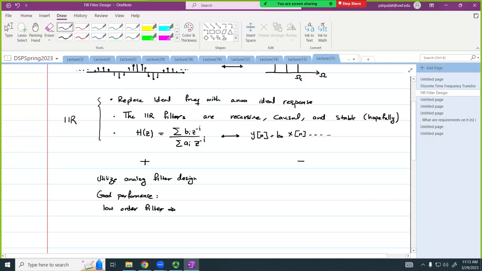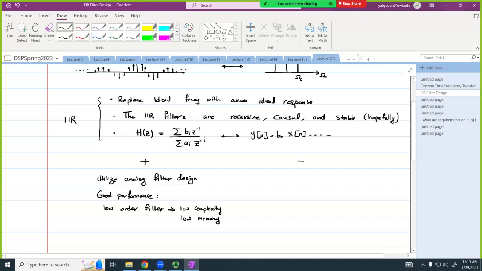And a low order filter means low complexity, as we will see later when we look at the realization, lower complexity and lower memory usage in order to implement the filter.